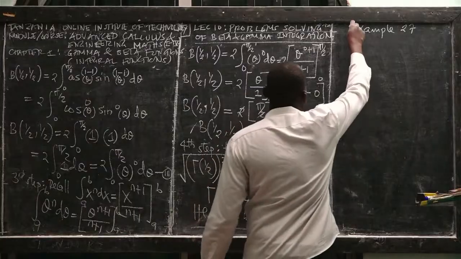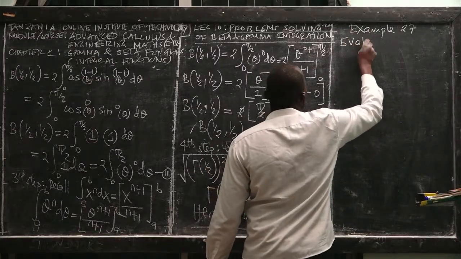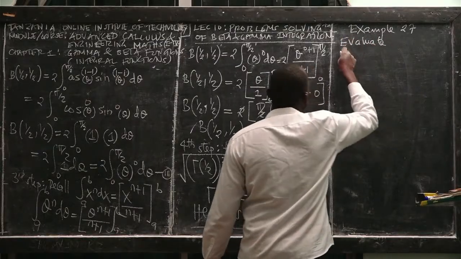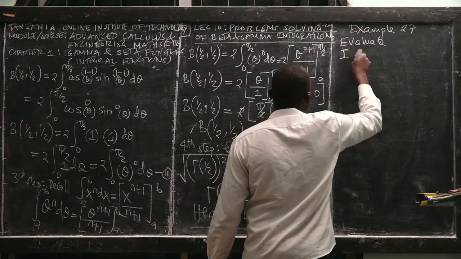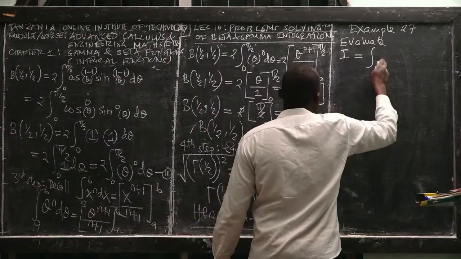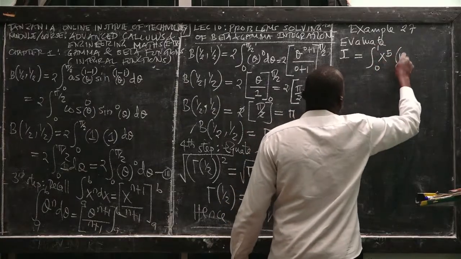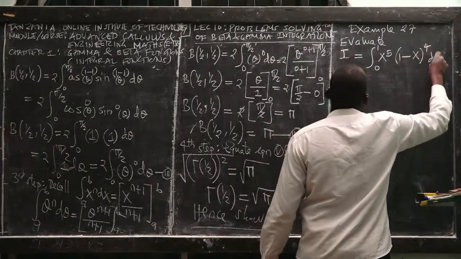Example 27. Evaluate I, which is the integral. I stands for integral, integral from 0 to 1, x power 5, 1 minus x power 4 dx.